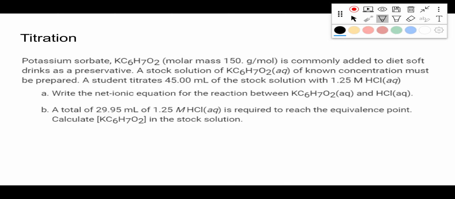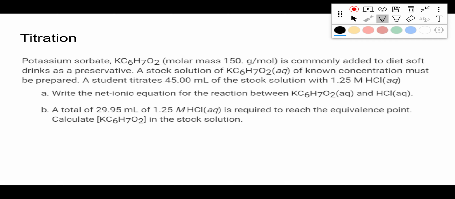A student titrates 45 milliliters of the stock solution, which is the potassium sorbate, with 1.25 molarity HCl. And then in letter A, write the net ionic equation for the reaction between C6H7O2 aqueous and HCl aqueous.